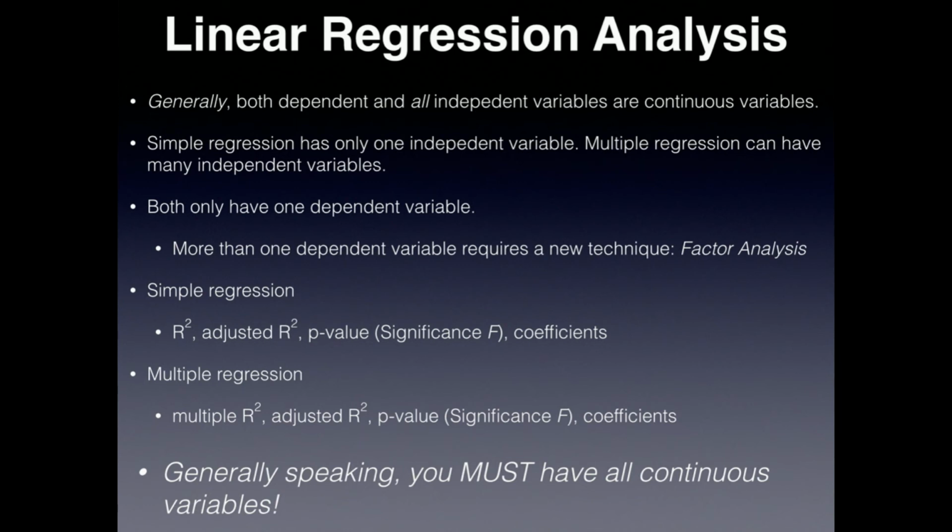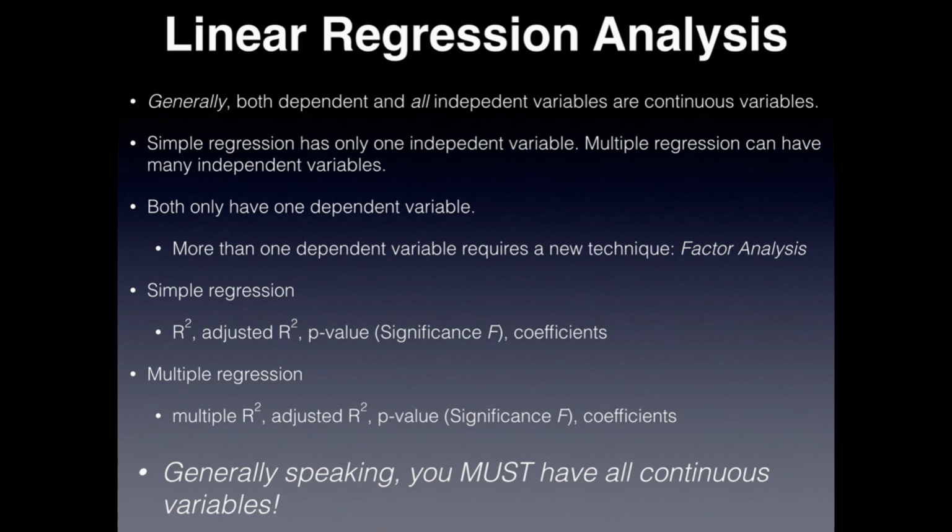Okay? So, let's go through the theory of regression analysis, linear that is. Now this is a very general statement and there are some exceptions, but for the most part, if you're doing this particularly in biology, chemistry, really any of the STEM fields, almost always both the dependent and all independent variables are continuous.